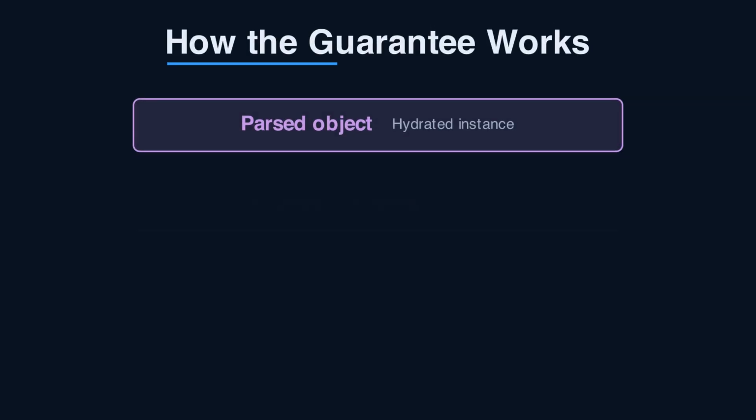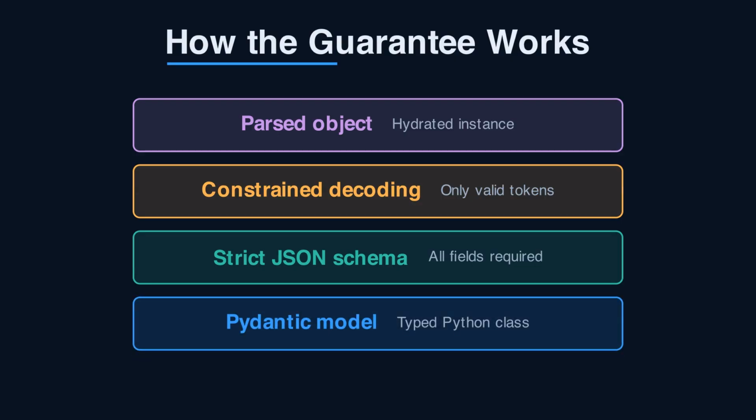Understanding the layers helps you debug. At the bottom, your Pydantic class is serialized to a strict JSON schema, with additional properties disabled and every field marked required. That schema is sent with the request. The service uses constrained decoding, so at each step the model can only sample tokens that keep the emerging JSON valid against the schema.